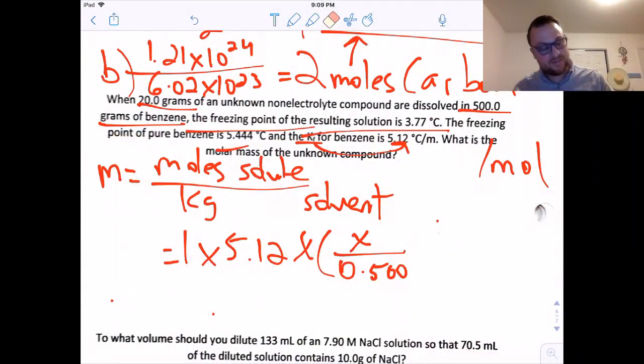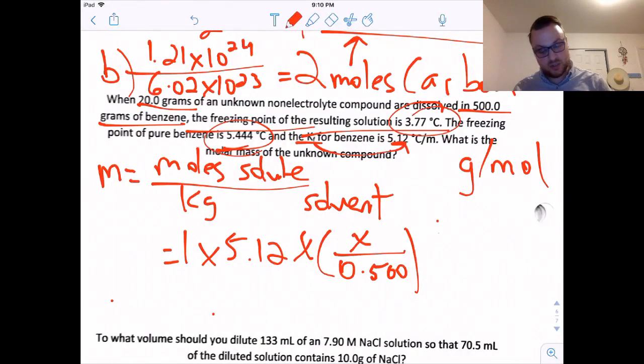Anyway, the freezing point resulted in 3.77. The actual freezing point is 5.44. So it changed to 3.77. So if I do 5.44 minus 3.77, I get how much the freezing point changed, which is 1.67.